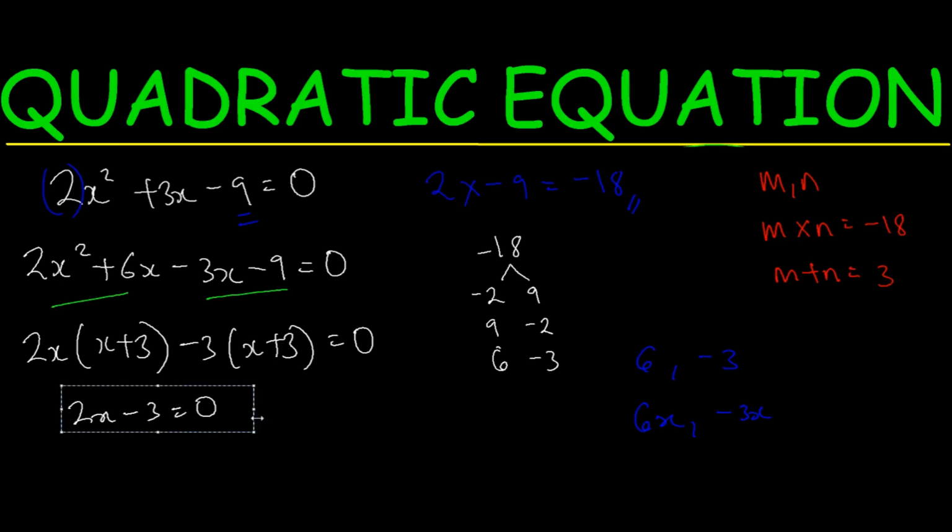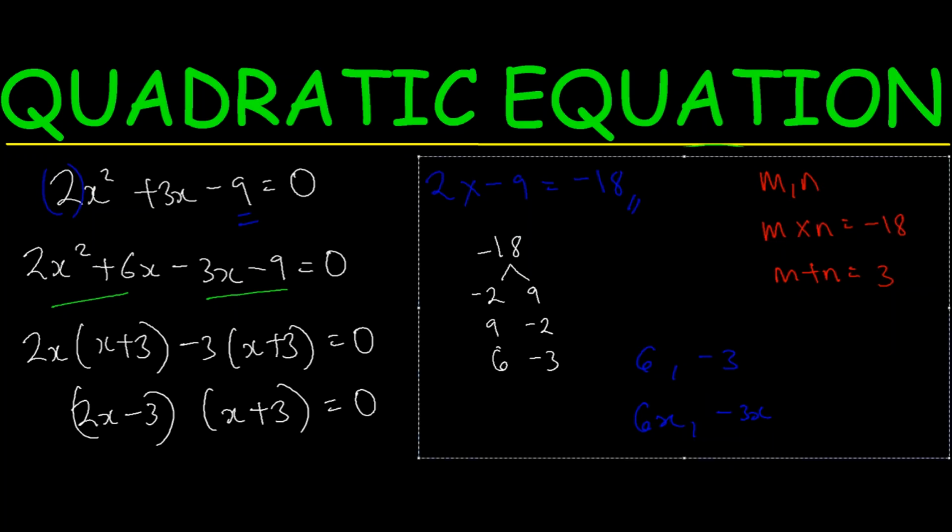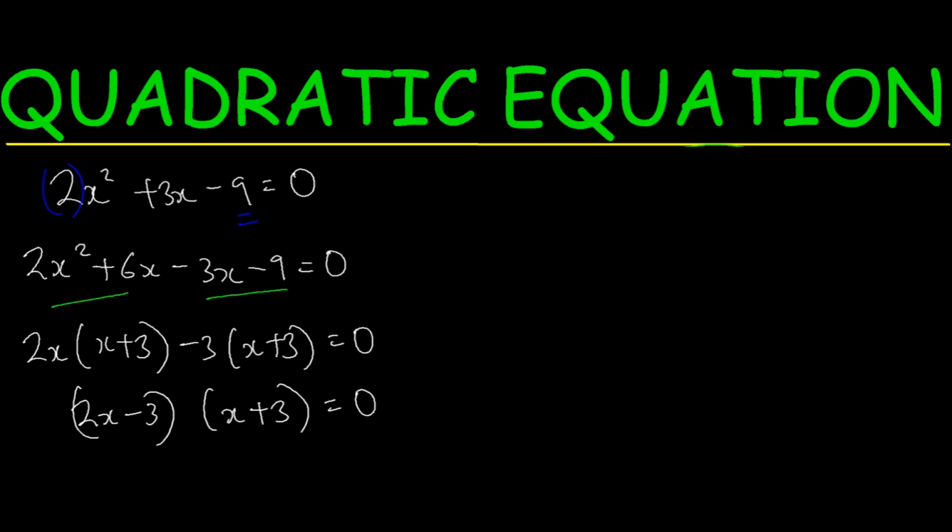We have 2x minus 3 times x plus 3 is equal to 0. So further simplifying, we have 2x minus 3 is equal to 0 on one side and x plus 3 is equal to 0 on the other side.